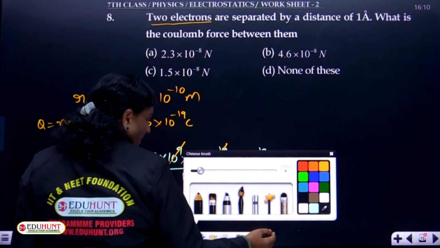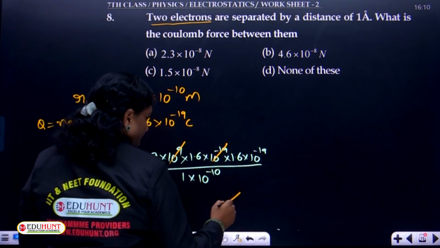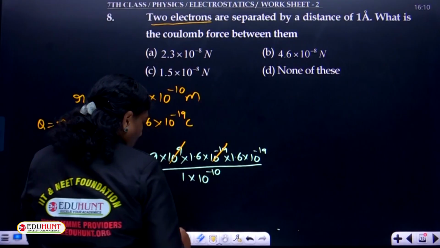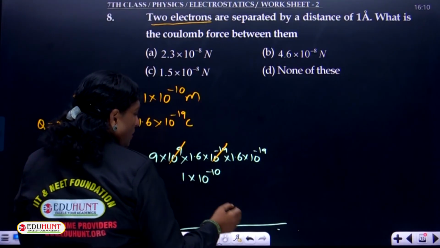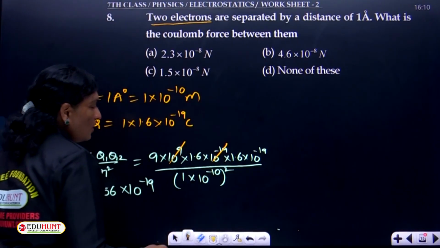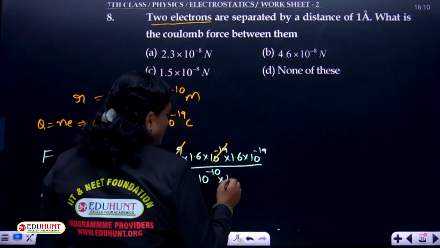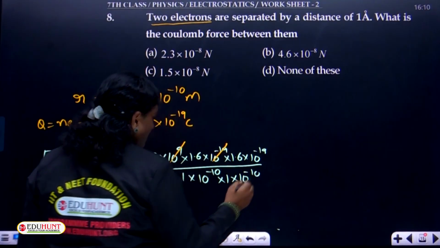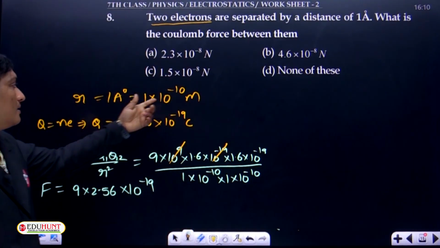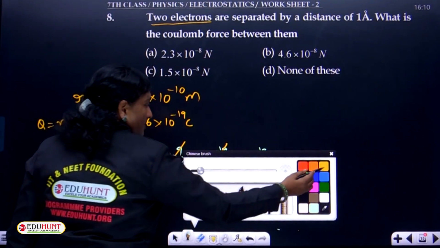R square means 1 into 10 power minus 10 whole square. So, R into R: 1 into 10 power minus 10 into 1 into 10 power minus 10.